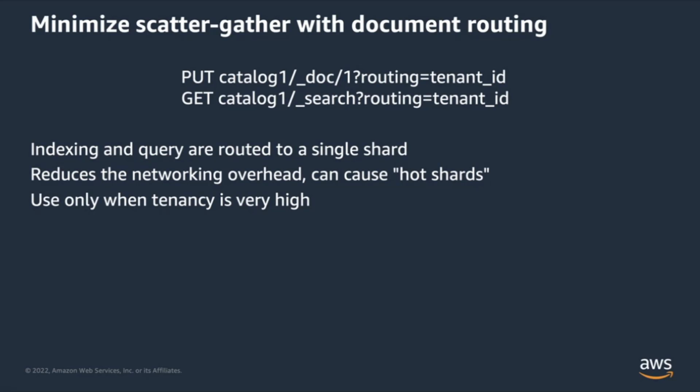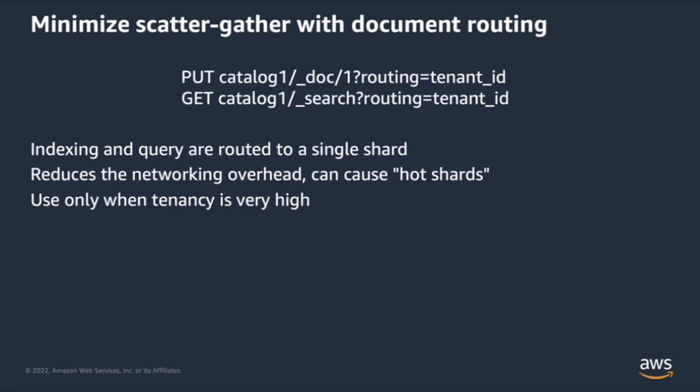This enables you then in the query phase, when you're querying that data, to specify that same routing ID. Then OpenSearch will send that request, whether it's an indexing request or a query, to a single shard. And that minimizes the networking overhead and the scatter gather that generally happens for handling these requests.